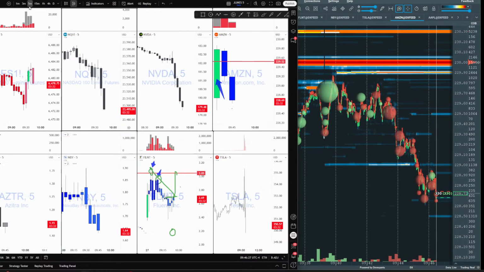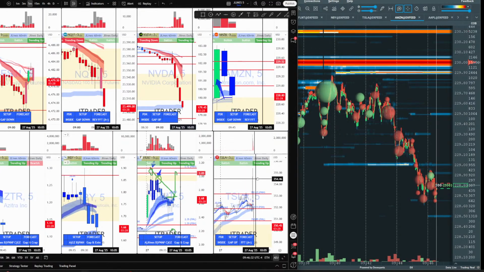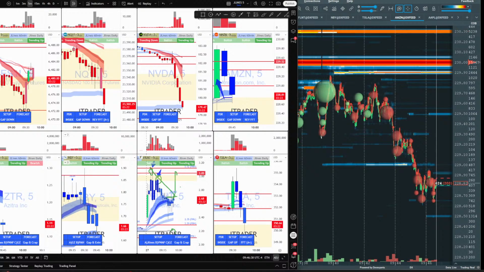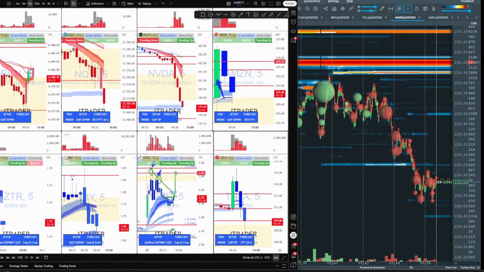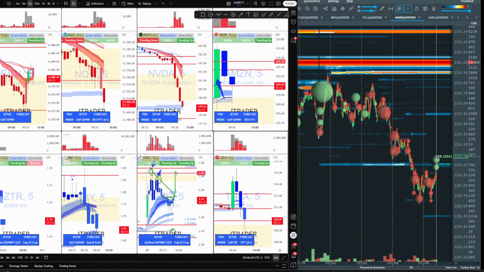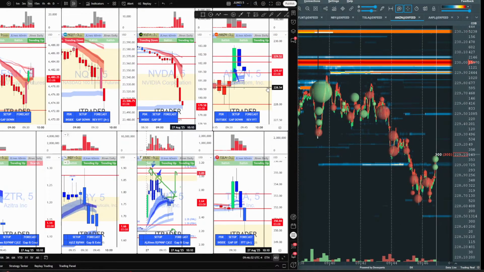Okay, so it's very important to understand the dynamics and why this is happening. So NQ is fading, no long plays right now.